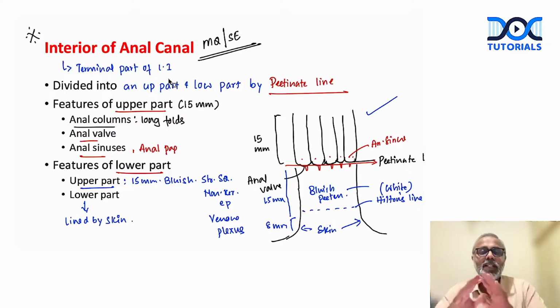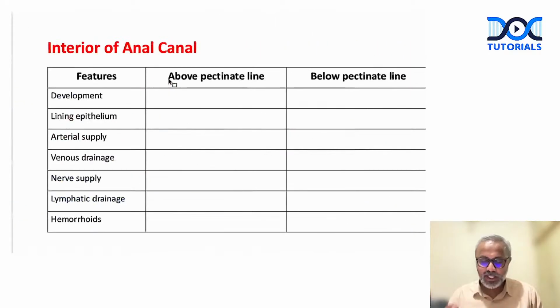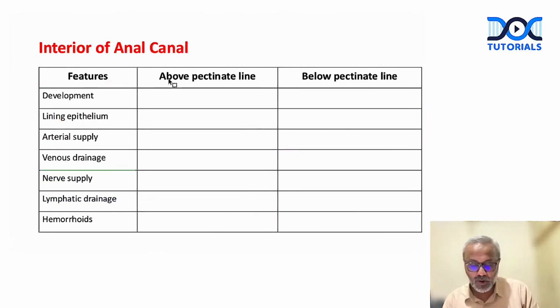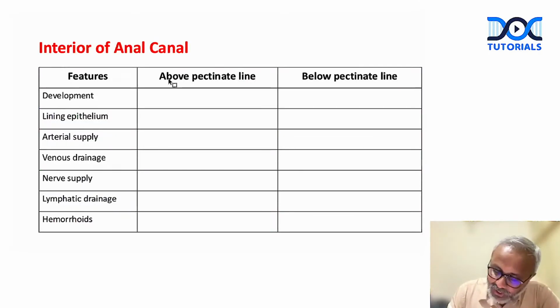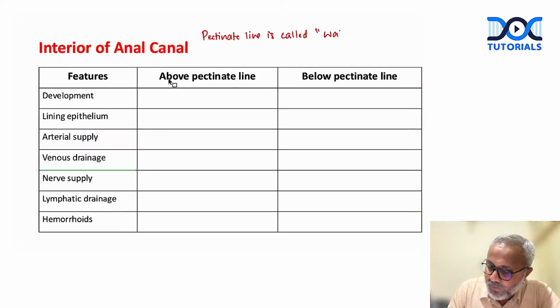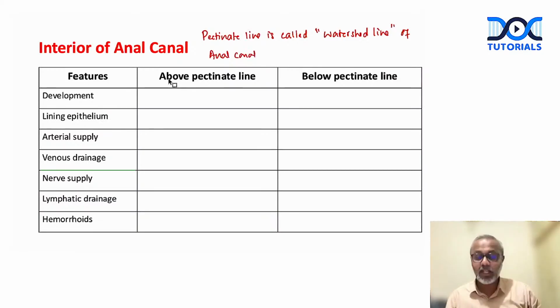But this answer is incomplete. What else do we need to draw? Remember, we need to draw the table for the interior of the anal canal. Why? Remember, mention that the pectinate line is called the watershed line of the anal canal.